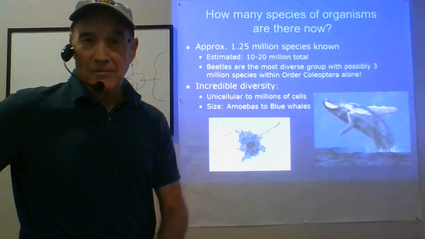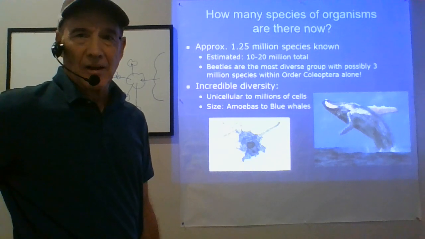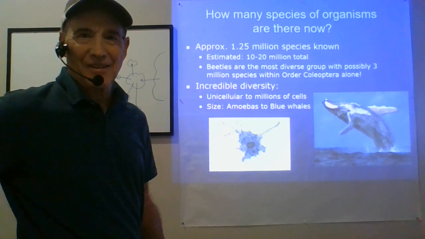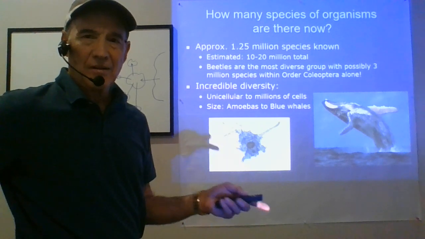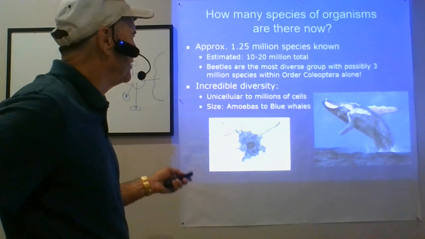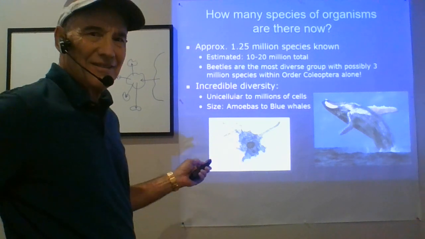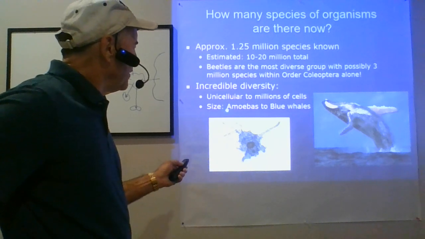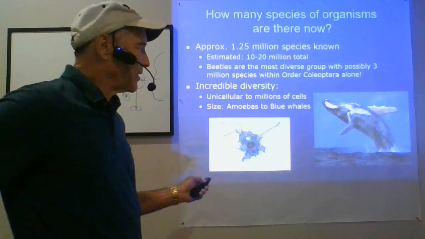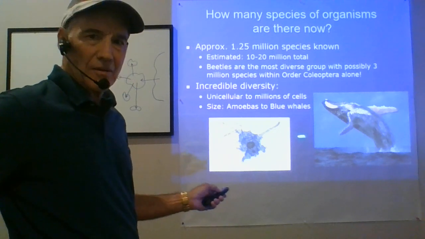I have a friend, a biologist, who has an insect named after himself. Discovered it was different from all the others, named it after himself. Beetles are pretty diverse, huh? Order Coleoptera. Incredible diversity in the plant and animal kingdoms.